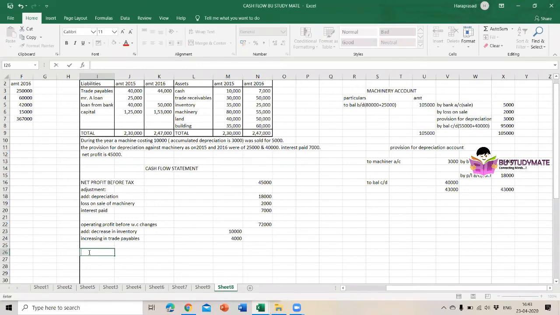Then less. In the less, we have current asset trade receivable, that is increasing. How much? 30 minus 50 is 20,000 rupees.